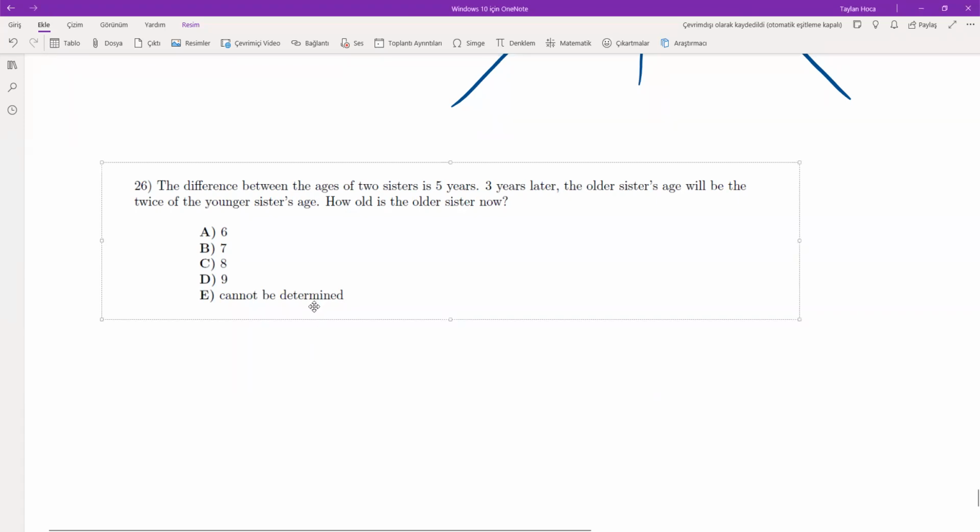No ideas? Let's begin with the younger sister now. Let's denote the younger sister by x and the older sister by x plus 5. Can you try to solve the problem with the given information after this?